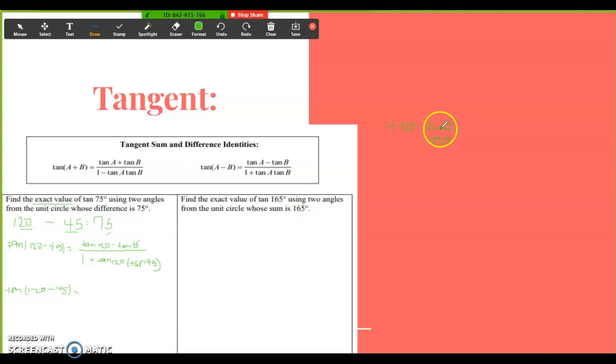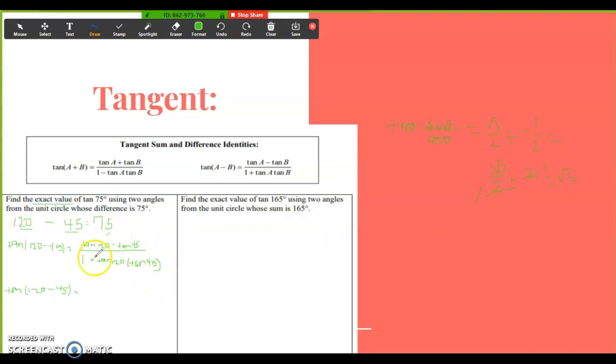So remember, tangent is taking the sine of that angle and dividing it by the cosine. The sine is radical 3 over 2, and if I divide it by the cosine, that's a negative 1/2. Remember, I got to do the keep, change, flip thing. So I got radical 3 over 2 times negative 2, and those 2's would cancel. So my tangent value for 120 is going to be negative radical 3.